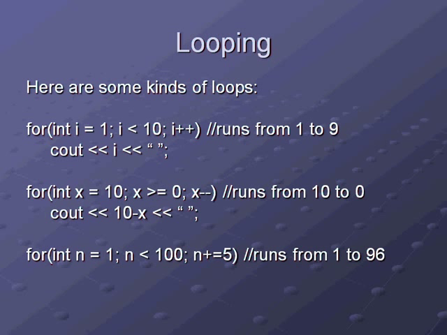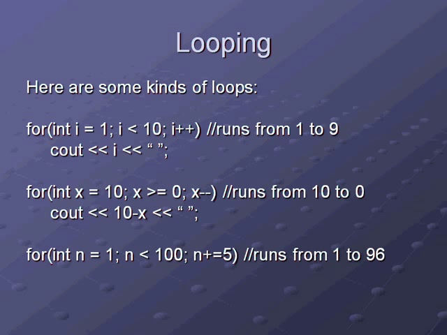And your for loop, the next one, for an integer n equals 1, n less than 100, n plus equals 5. So instead of just plus plus or minus minus, as mentioned, you can change it to whatever you wish. Here we change n by 5. So the loop will run from 1 to 96. Why?